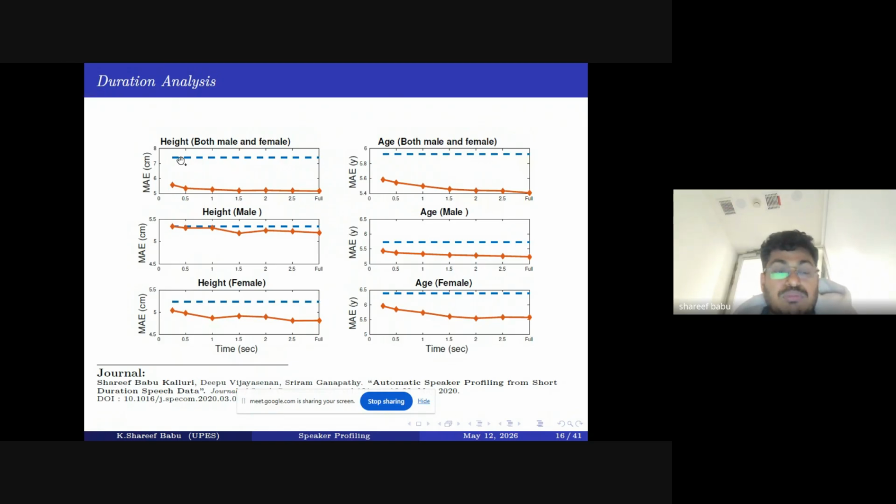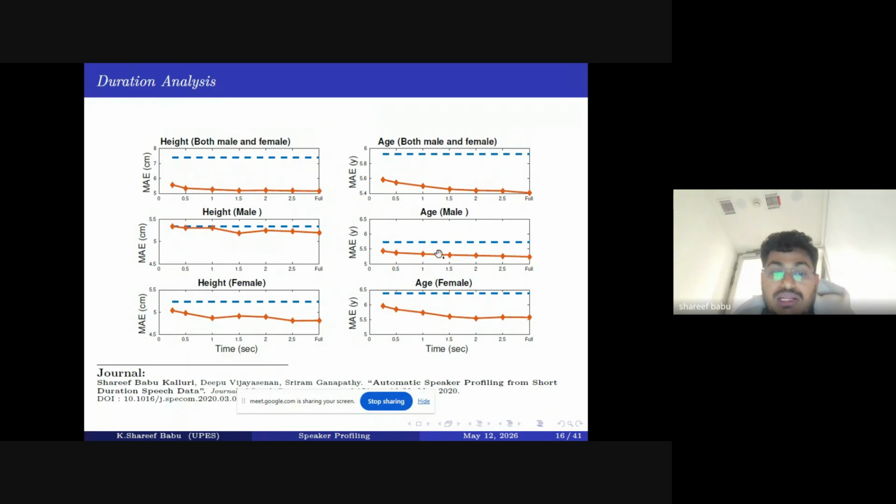So if I look at both male and female together, you can see that with a minimum of 1 to 2 seconds of speech data itself, we could identify the mean absolute error as minimal error.